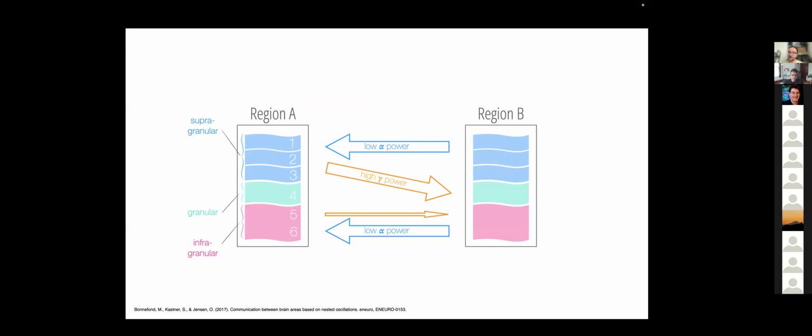There's also some evidence that this might also happen in deep layers, maybe even in feedback direction, but mostly in feed-forward, not as pronounced as you would expect in superficial layers, but it could still be the case. And then, of course, those two bands in superficial and deep layers in feedback direction, with low alpha power reflecting the communication between those two regions. That's the theoretical model that was behind this experiment.